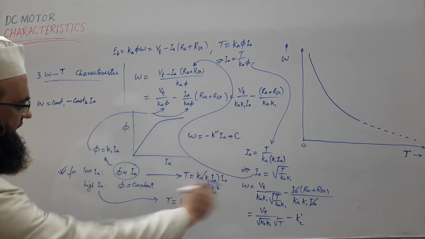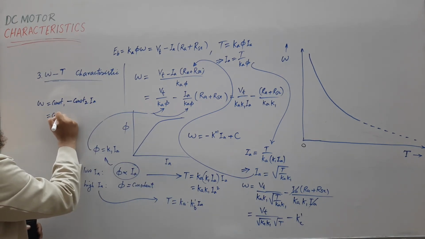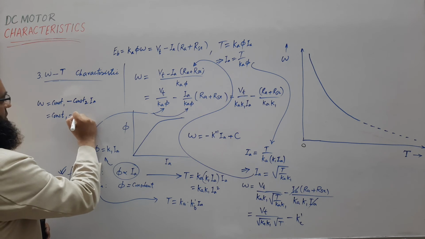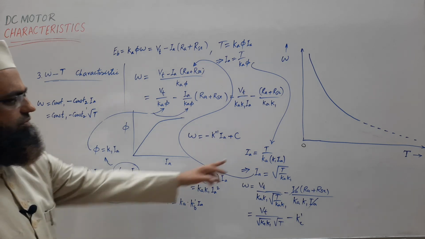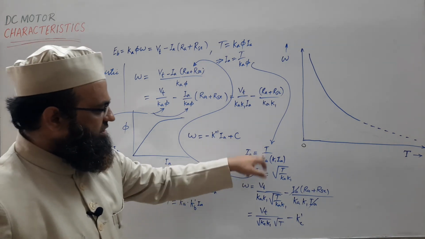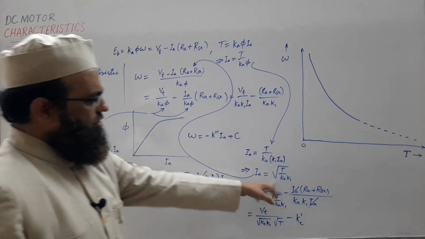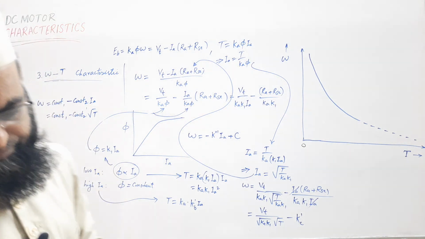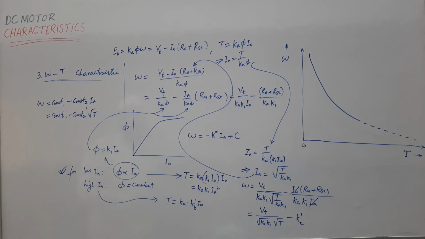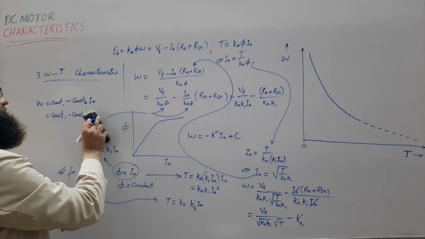And for Ia, we can replace Ia in terms of torque. So we may write constant 1 minus constant 2 dash times something. No need to write root T, we may write T directly.